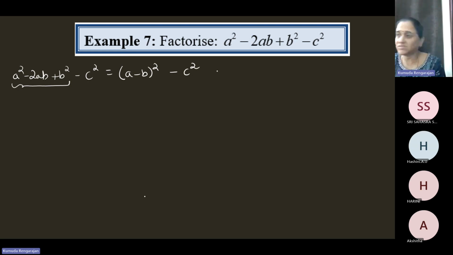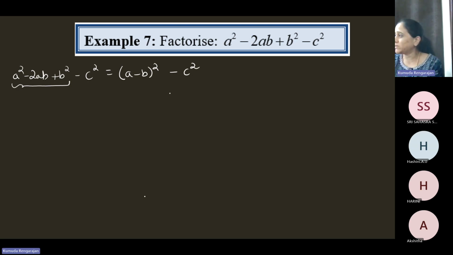And then this minus c square. Now, see, it's the difference of 2 squares. This is like x the whole square minus y the whole square. X square minus y square is x plus y into x minus y.